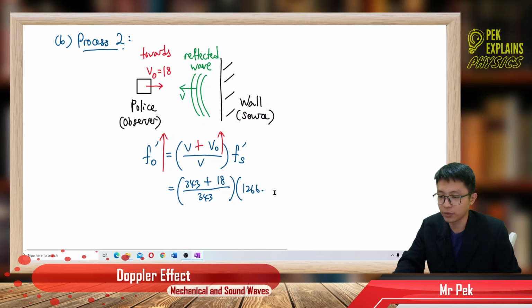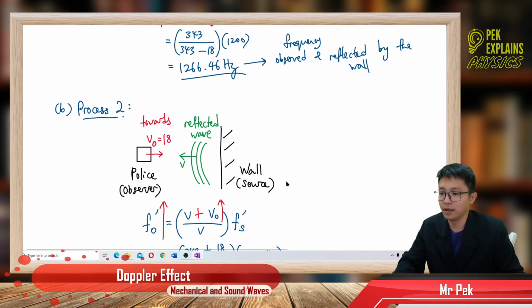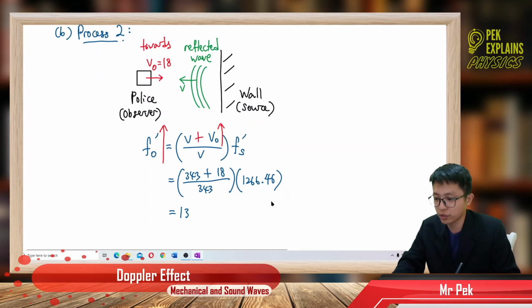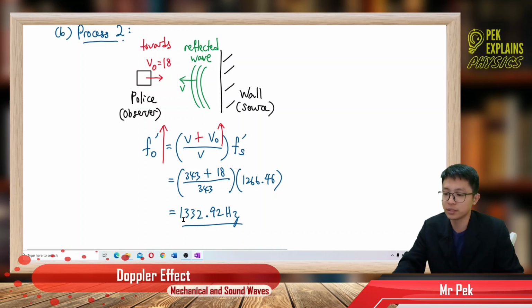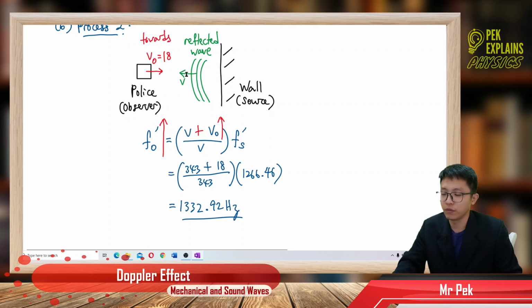Now the frequency is increased some more. So the answer is 1332.92 hertz. This is the frequency heard by the policeman when he receives the reflected wave from the wall.